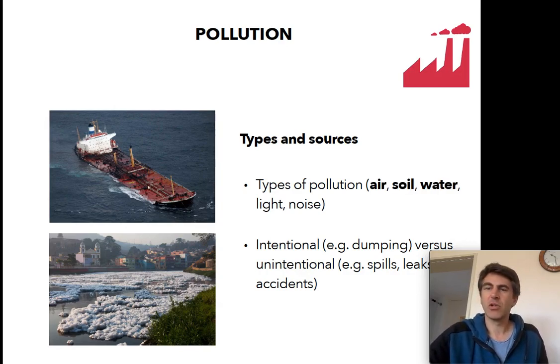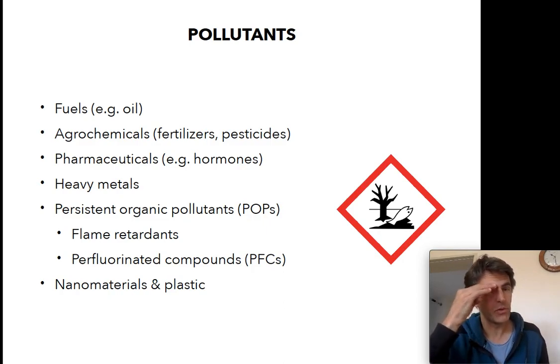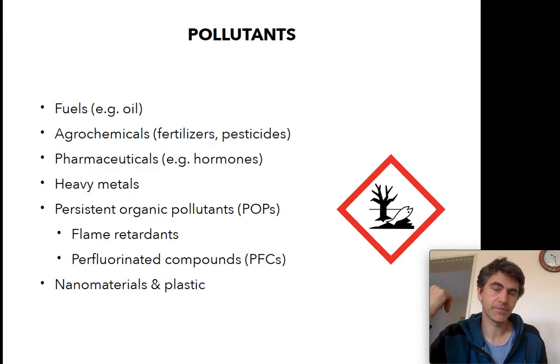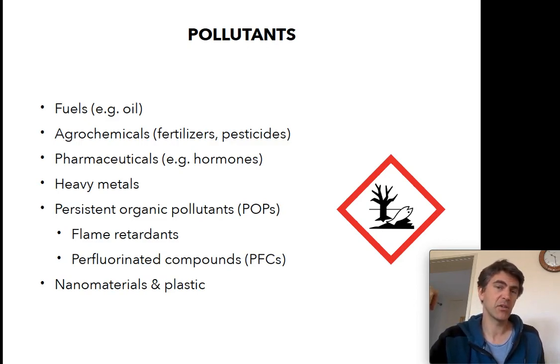We're going to talk a little bit more about air, soil, and water pollution over the following few slides. So the types of pollutants you might have are quite diverse. They include fuels. I'll mention an example of an oil spill in a moment. Agrochemicals are a big one. We've already talked about DDT there. Pharmaceuticals are an increasingly major concern.